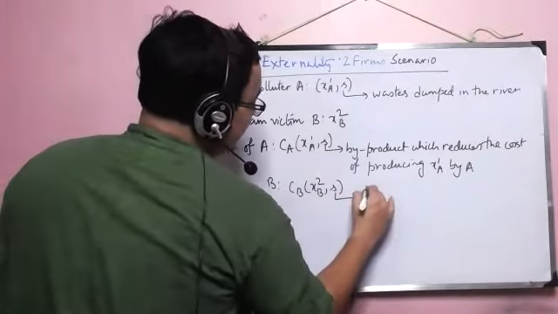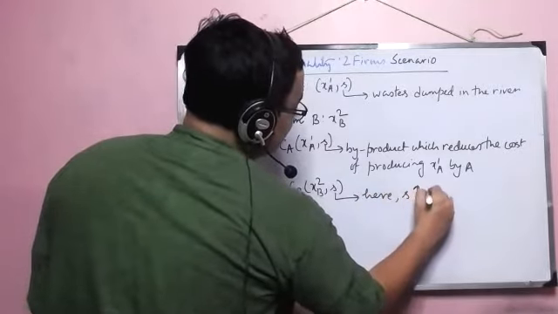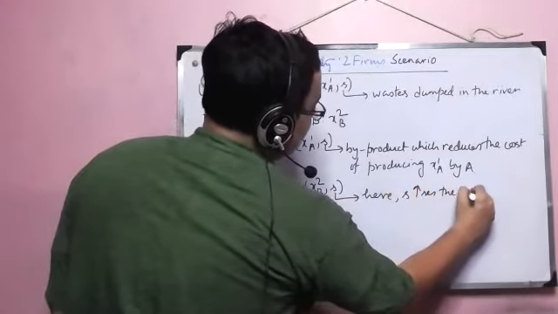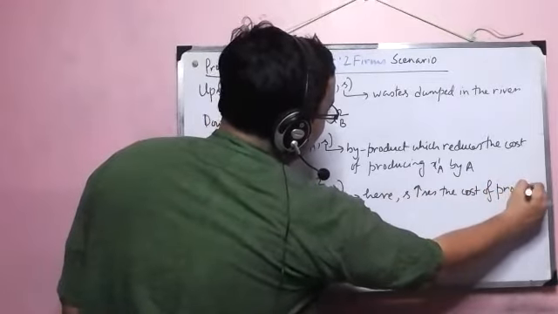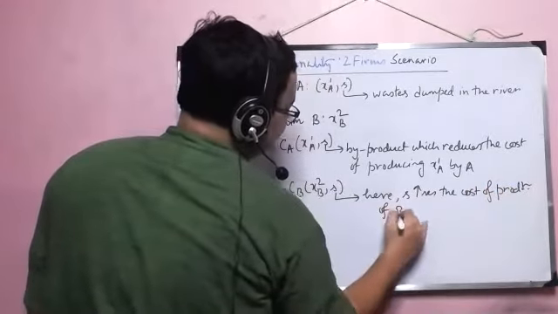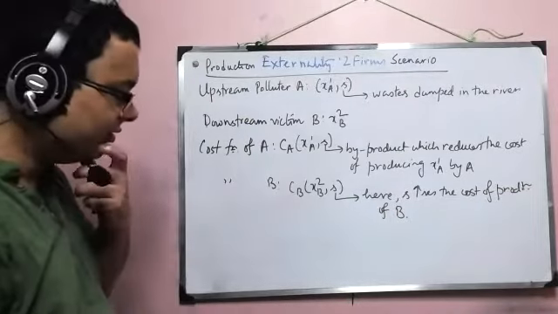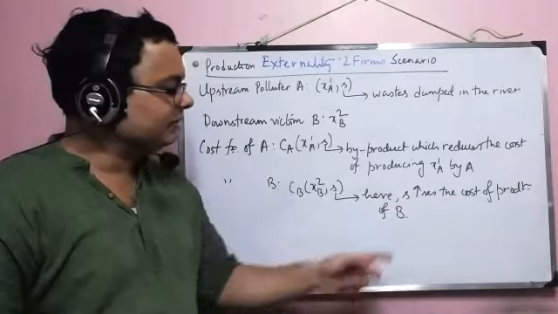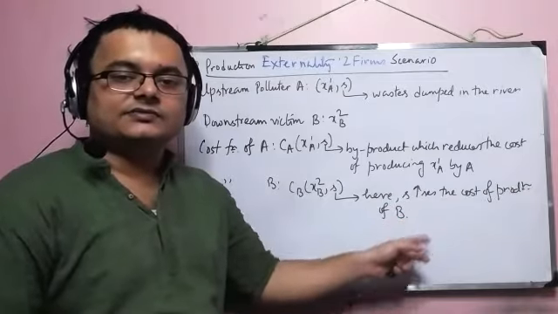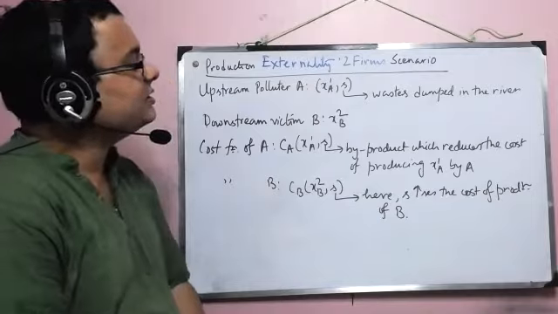Here S increases the cost of production of B. We have to include this increase for a simple reason: if we don't, then there is no problem at all.